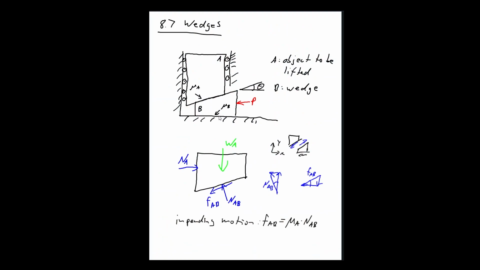That's the idea of a self-locking wedge: if I take this force away, the wedge is not going to be pushed out. Right? So if I'm actually trying to lift this, that's very convenient, because I can push this block in a little bit, reset everything, push the block a little bit more, push a little more without having to worry that the block is going to come back out.